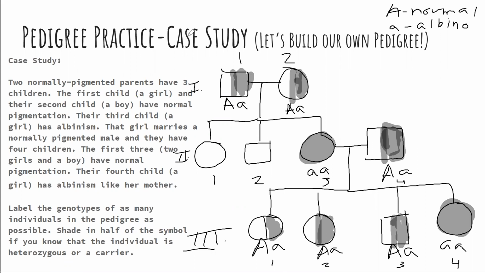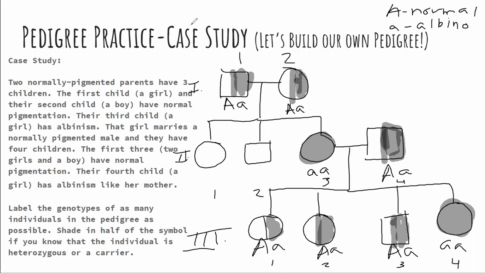Now let's look at her siblings. Sibling 1 and sibling 2 in generation 2. I'll move these out of the way so we can see. That's 1 and that's 2. So in order to figure out the possible genotypes, what will we have to do?